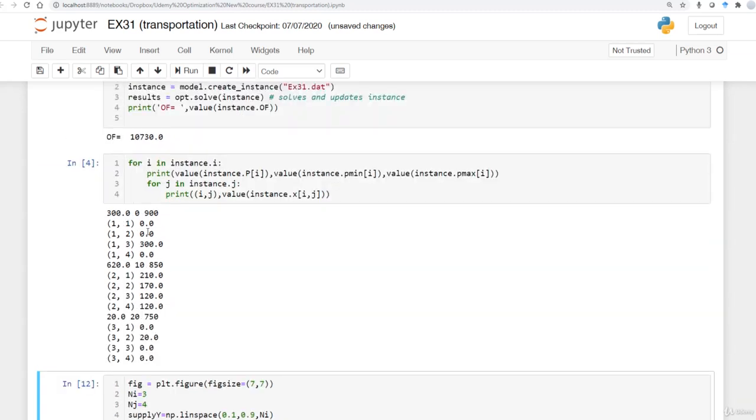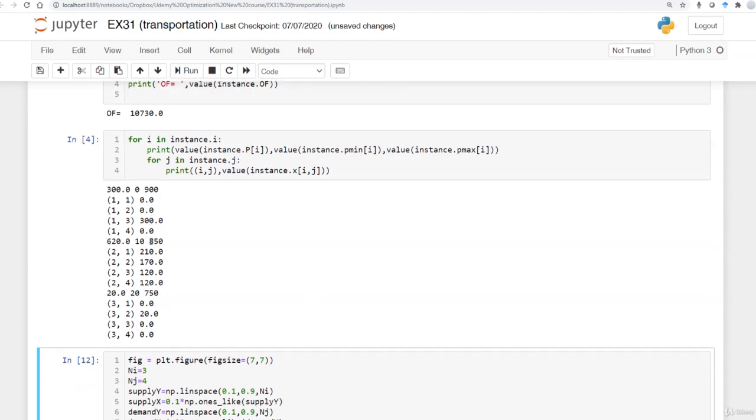Let's read them. It is telling us that the amount of transportation between production 1 and demand 1 is 0, production 1 and demand 2 is 0, production 1 and demand 3 is 300, and so on.